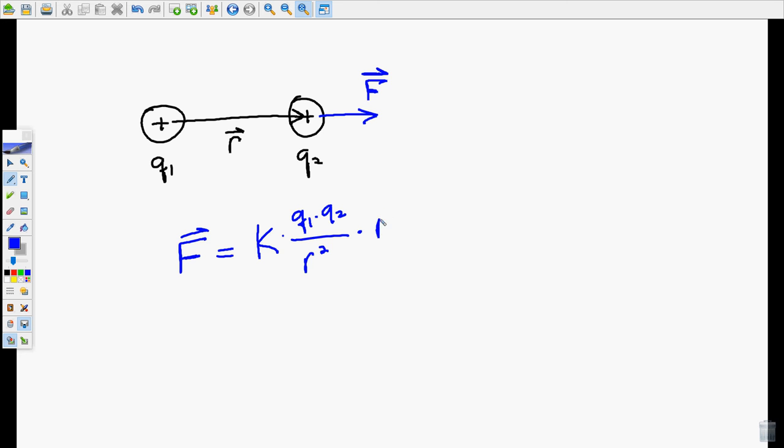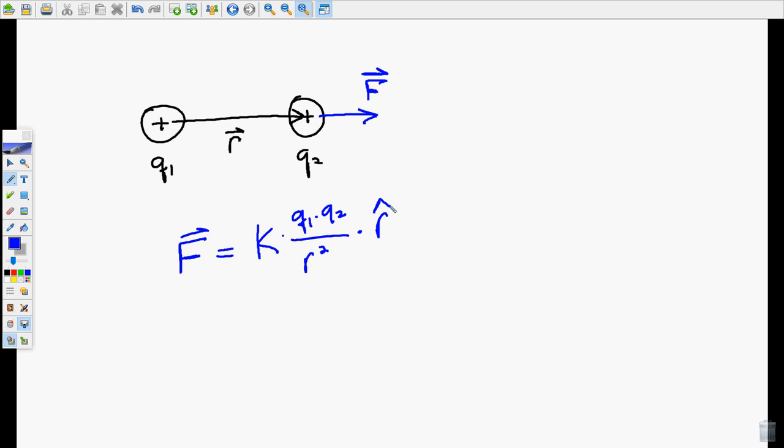So times a unit vector R, where this doesn't change the magnitude, this just tells you the direction of the force is going to be the same as the direction of that unit vector R.